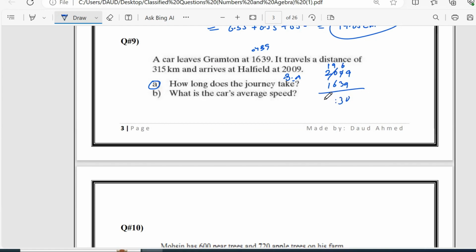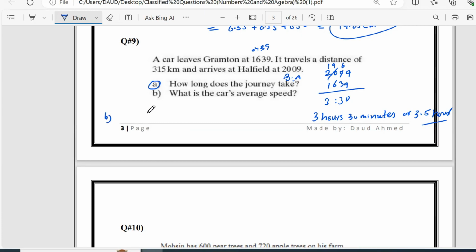So 9 minus 6 is 3 again. So that means 3 hours and 30 minutes. This is the time the journey will take, or you can say 3.5 hours, if you want to change to hours.